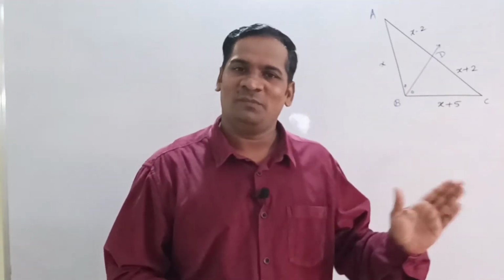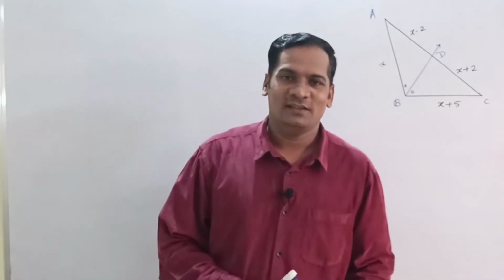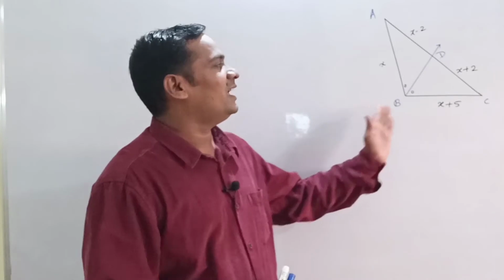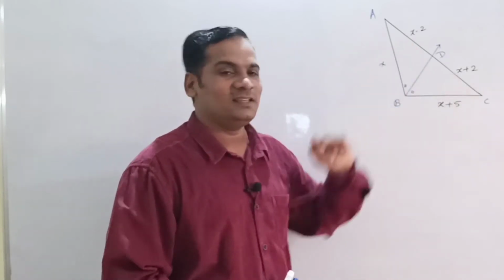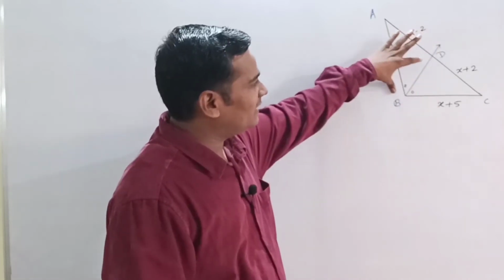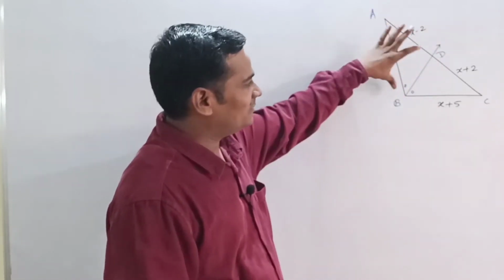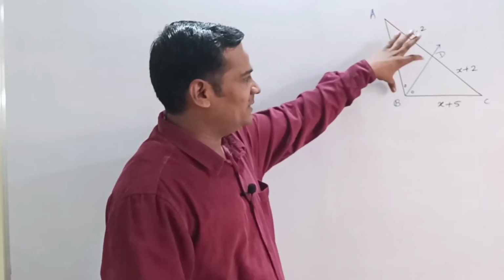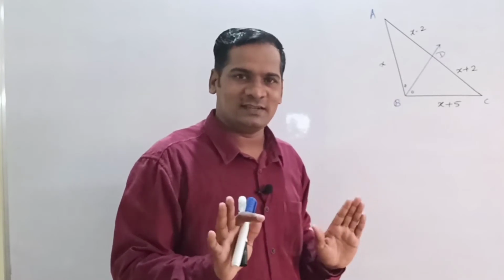So this is question number 9 from practice set number 1.2. Again, in which we have to use the angle bisector property. Now in a triangle ABC, this ray BD bisects angle ABC. That means this is a bisector, and if a bisector is given, we have to use the angle bisector property.